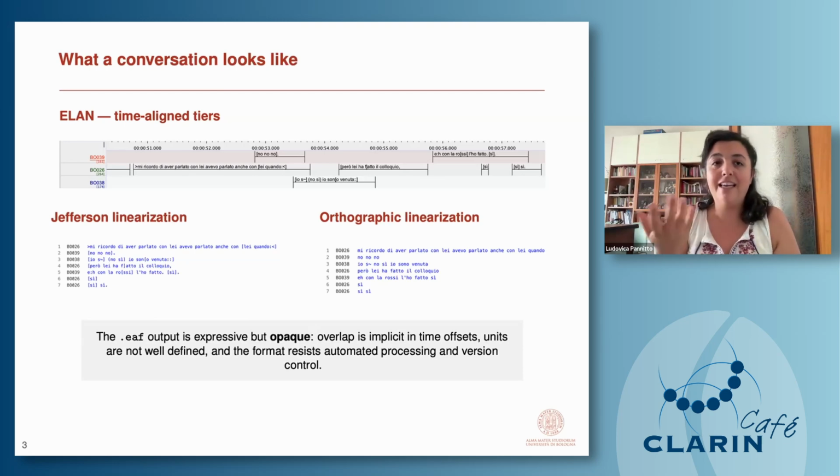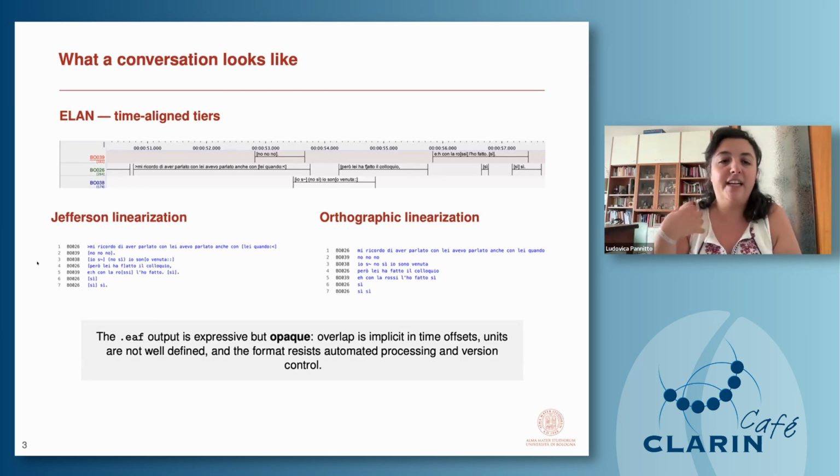Most of all, what you would see if you looked into the KIParla a few months ago is basically an XML, which is interpretable through ELAN, a pretty standard software for this kind of data, with one tier of transcription for each participant to the conversation, and then a number of linearized versions were derived for linguists to inspect the full conversation.